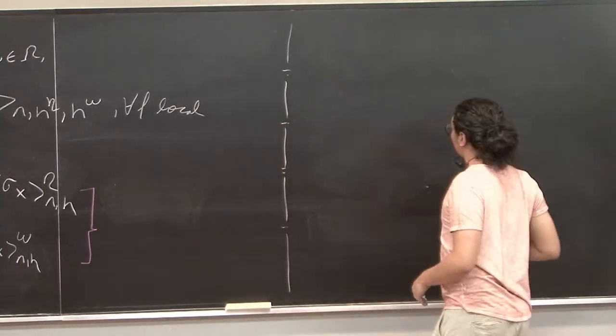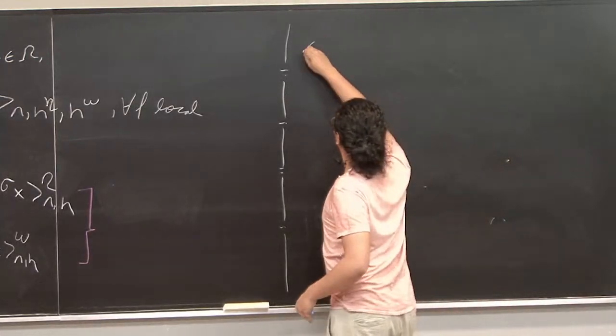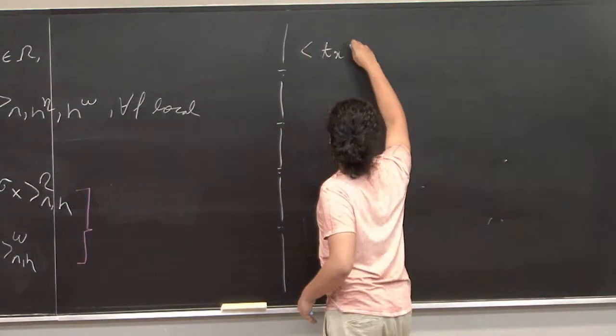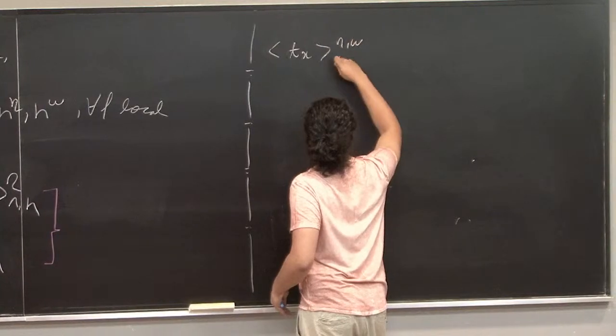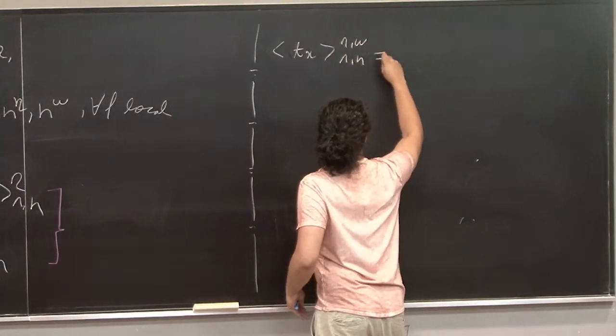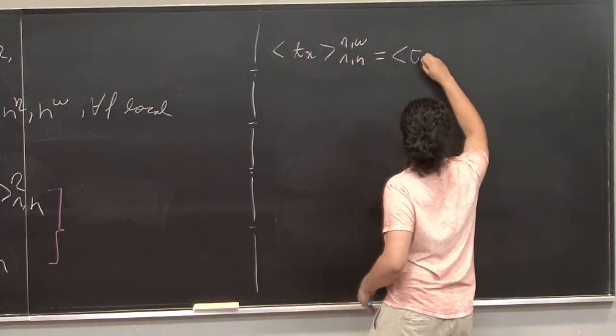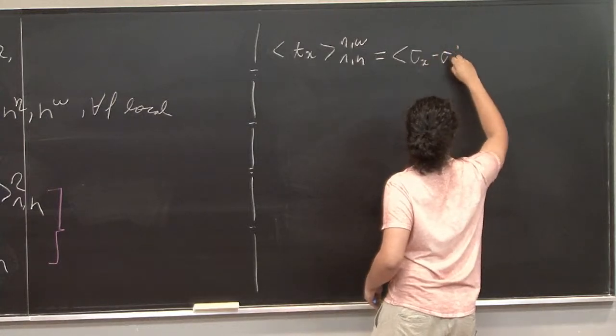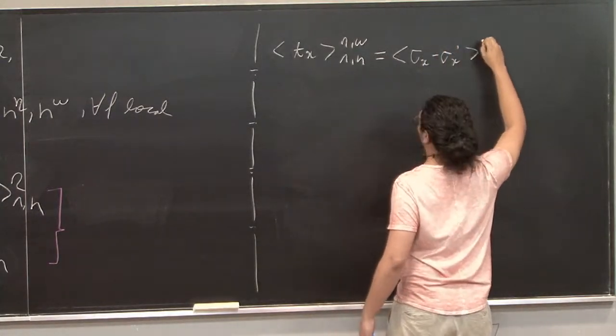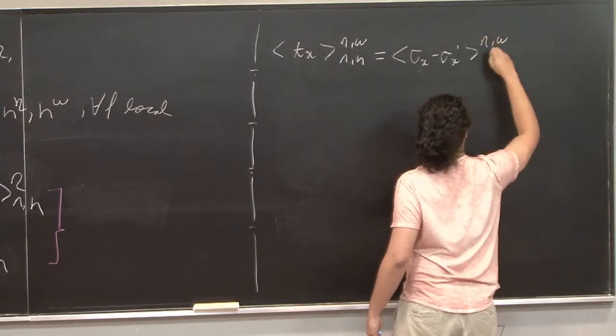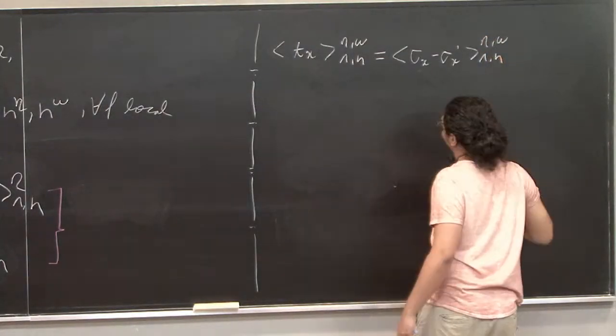If you want to calculate T of x in eta, lambda h, and omega, again, this is sigma x minus sigma prime x under eta, omega, lambda h.